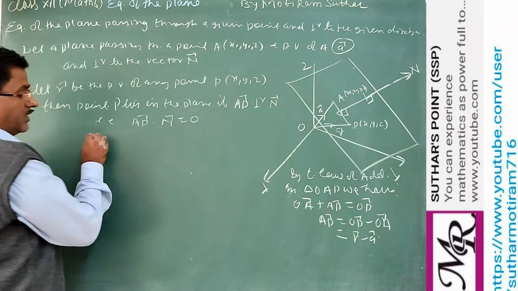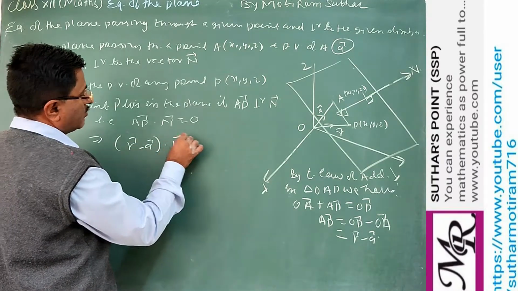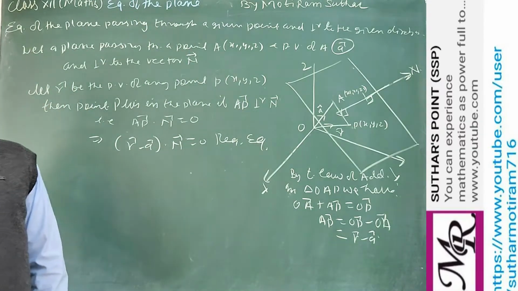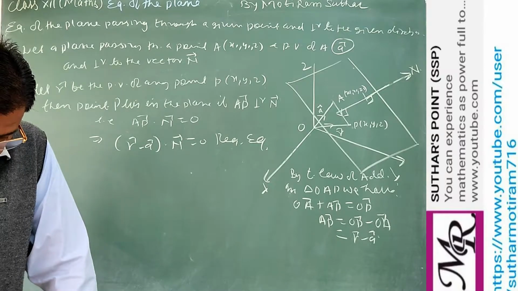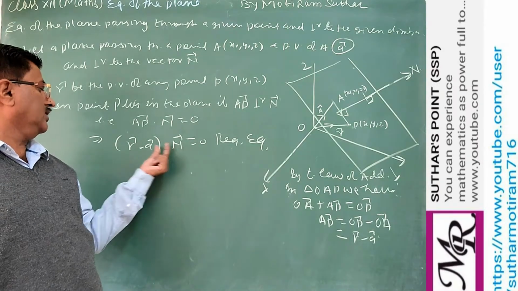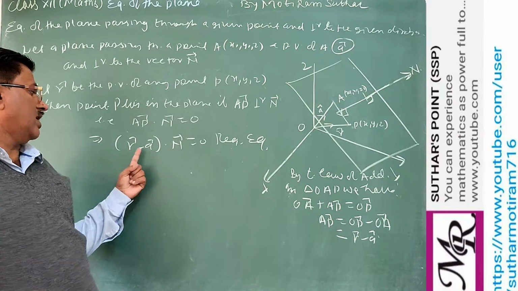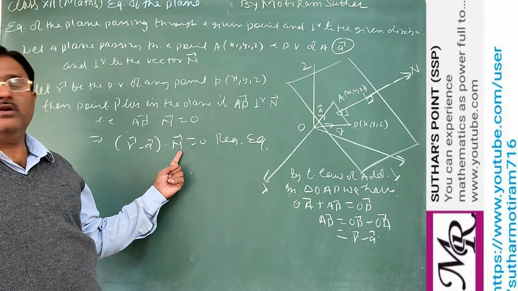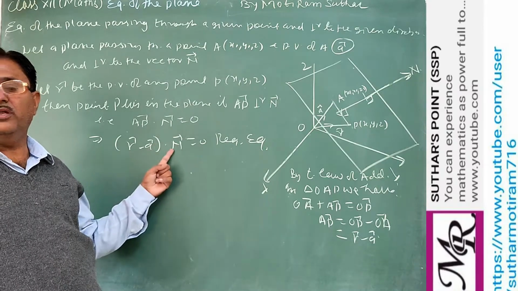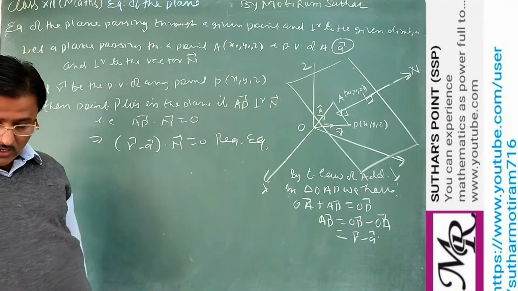So what we get: vector r minus vector a dot n equal to 0. This is the required equation of the plane, where we are given two things, vector n and vector a. So a very easy formula, vector r minus a dot n, where n is the given direction vector to which the plane is perpendicular, and a is the position vector of the given point.